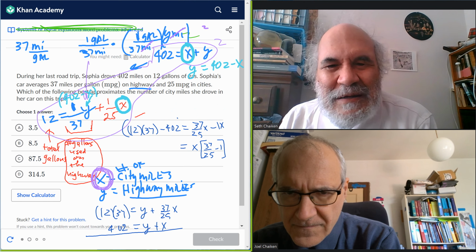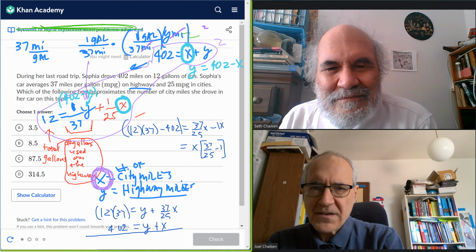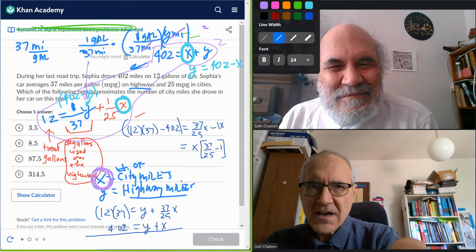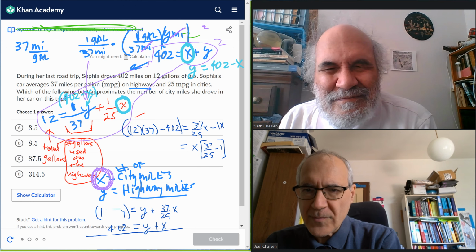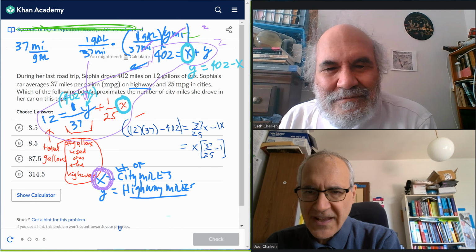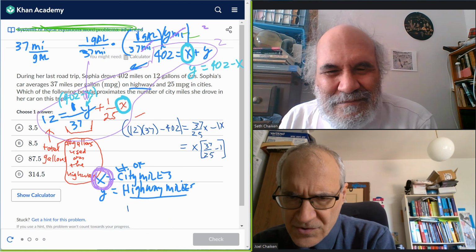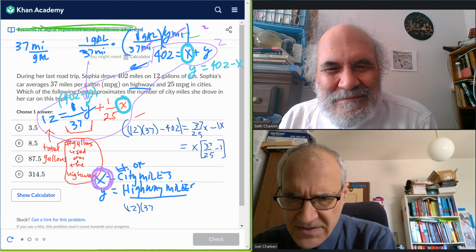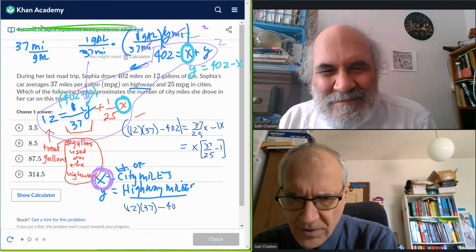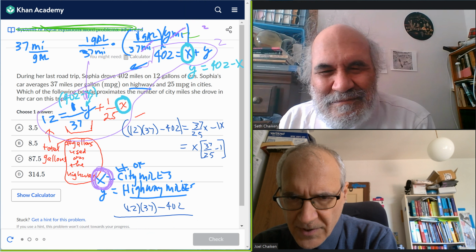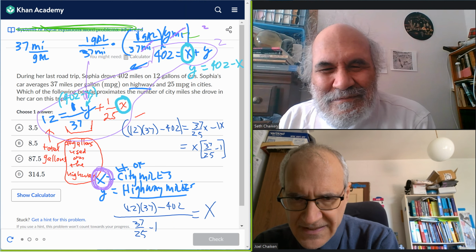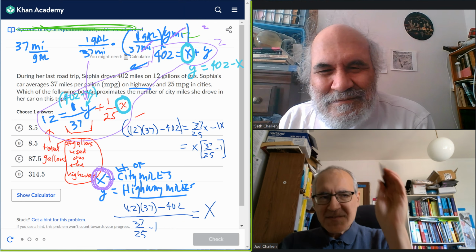So the answer, going a bit overboard about not doing any intermediate math and leaving it to the end, is 12 times 37 minus 402 divided by 37 over 25 minus 1. That is the answer. Now let's bring in the calculator.